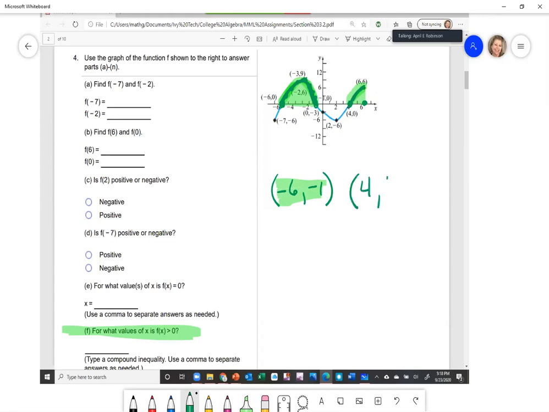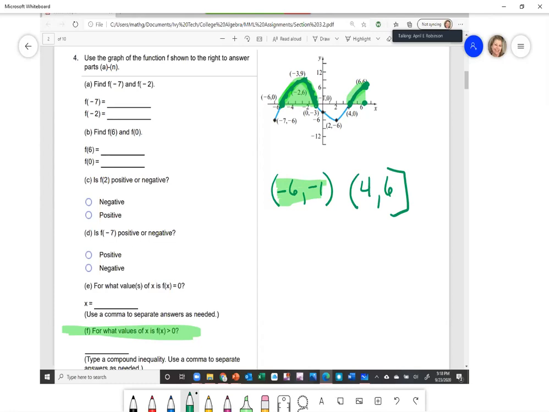You can include the 6, my bad, because the 6 is up here and that would be greater than, so you can include that. The 4 is not greater than. Would there be a union between them? No, type a compound inequality, use a comma to separate your answers.